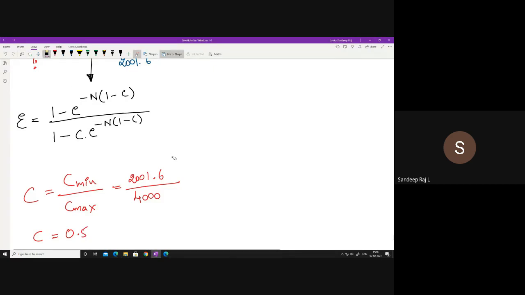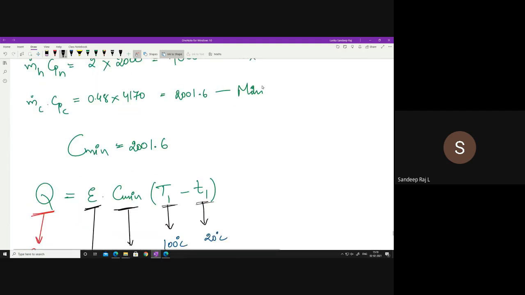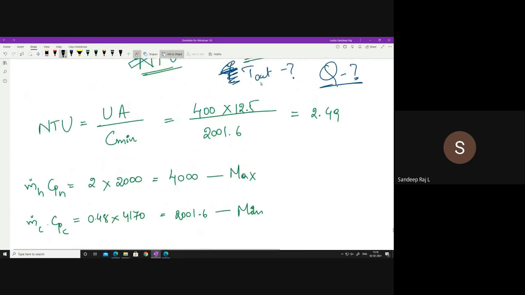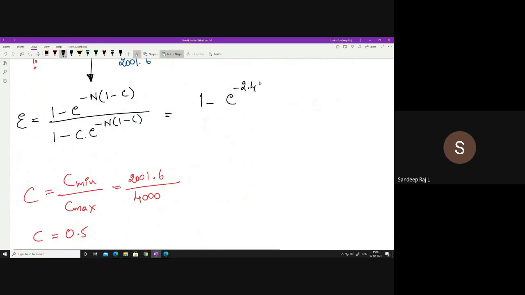So let us substitute all these values into our effectiveness now. Effectiveness is equal to 1 minus e power minus NTU. What NTU value did we get? 2.49.